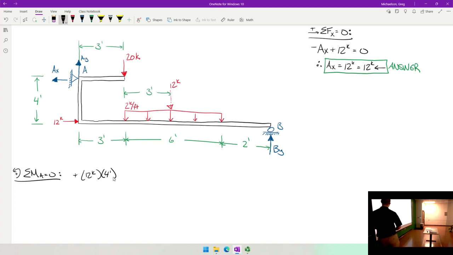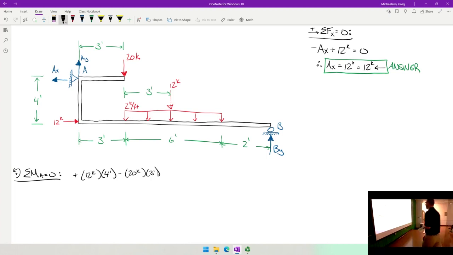Now, 20 kips, does that generate moment at A? Yes. Is it positive or negative moment according to our sign convention? Negative. What is the moment arm? 3 feet. Does this distributed load generate moment at A?